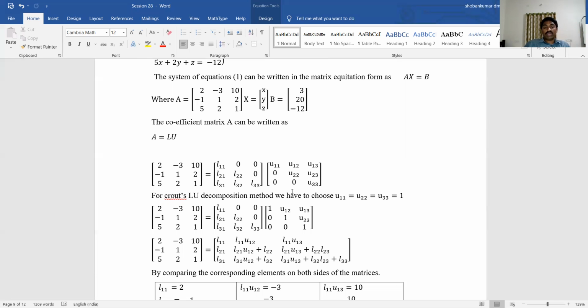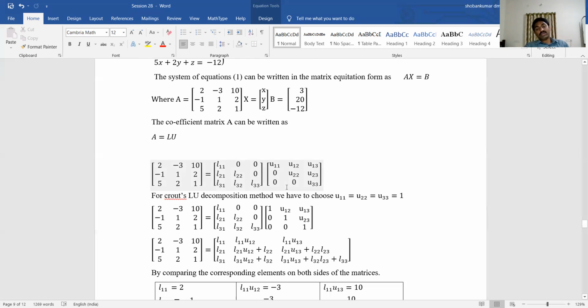That means U11, U22, U33, and so on, Unn are equal to 1. Put these values in the upper triangular matrix, expand and take the product on the right hand side and equate the corresponding elements in the left hand side. We get a number of equations, solve them, and finally we get the lower triangular matrix and the upper triangular matrix.